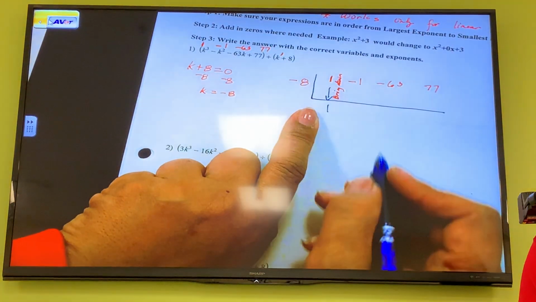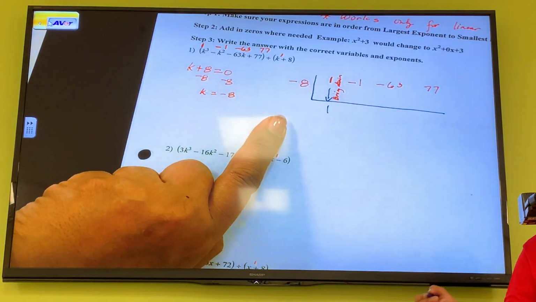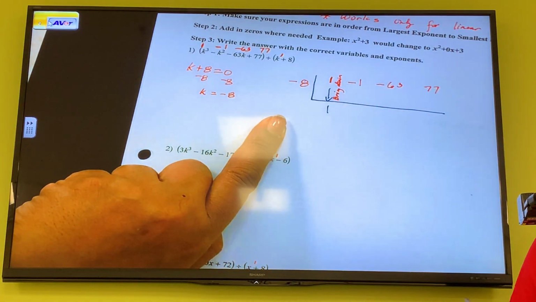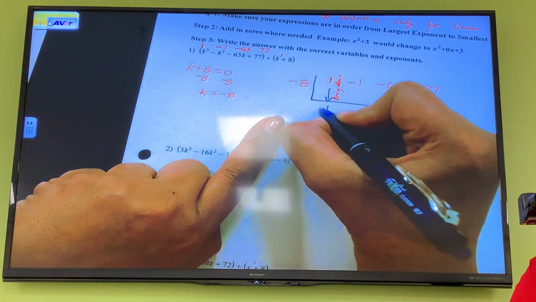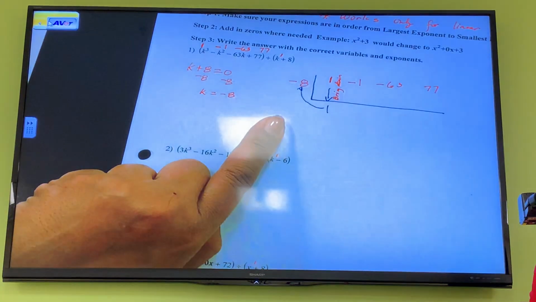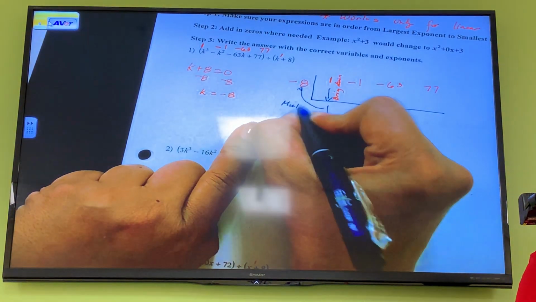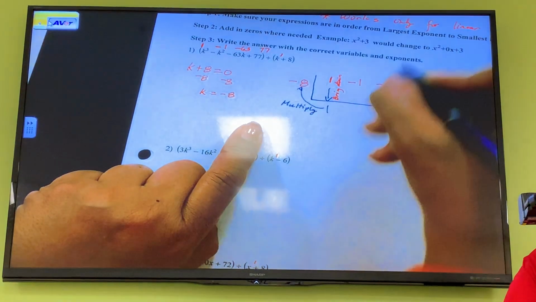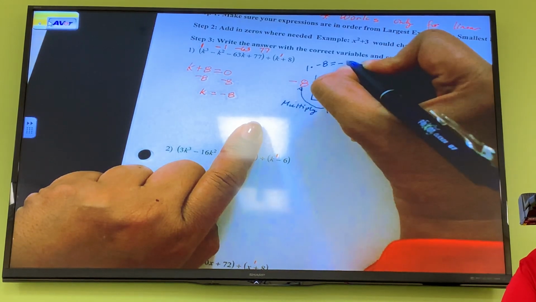Then we're going to multiply. Instead of dividing, we're going to multiply, since we're doing almost the opposite of what we do in long division. We're going to multiply the 1 by your divisor, negative 8. And 1 times negative 8 is negative 8.